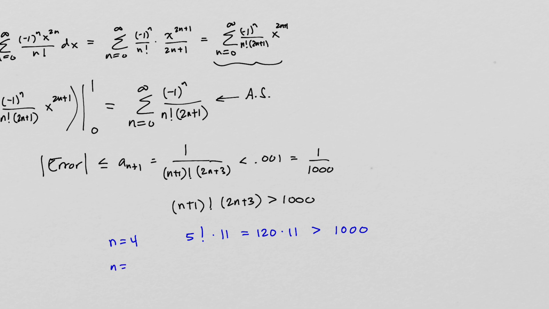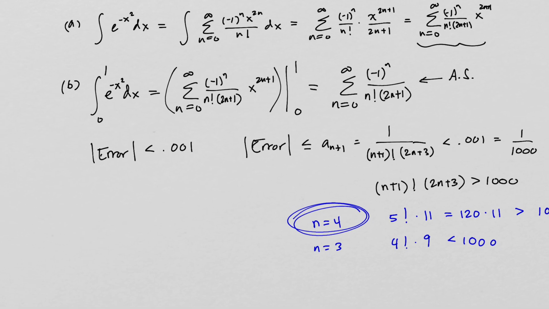What happens if n equals 3? Well, if n equals 3, you have 4 factorial times 9. And 4 factorial times 9 is not greater than 1,000. So the smallest value of n for which this is true is n equals 4. So what does that mean?